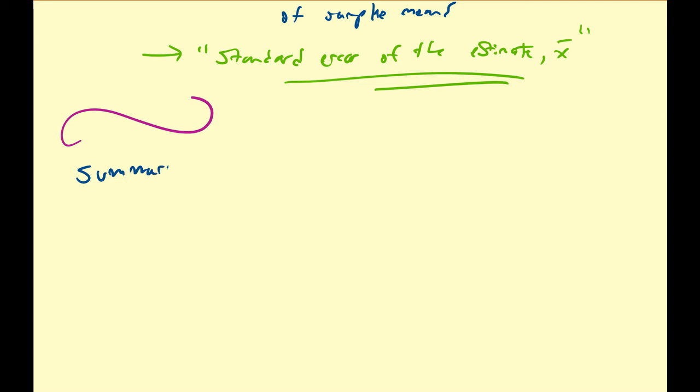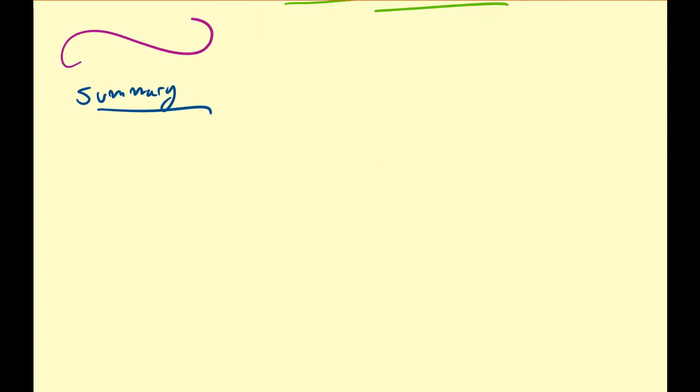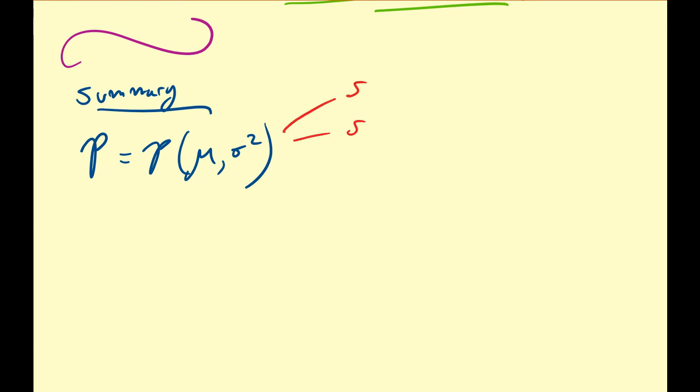Summary. Let us assume we have a population P, which has mean mu and variance sigma squared. We take a bunch of samples from this population, as many times as we want, preferably a lot of them. How many is enough? Well, that depends on other things.